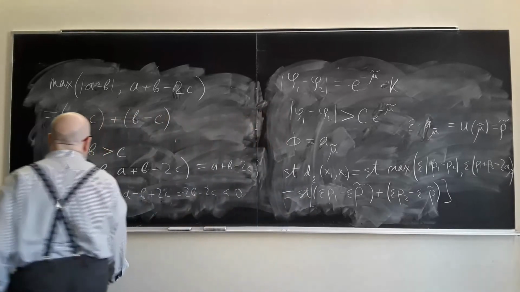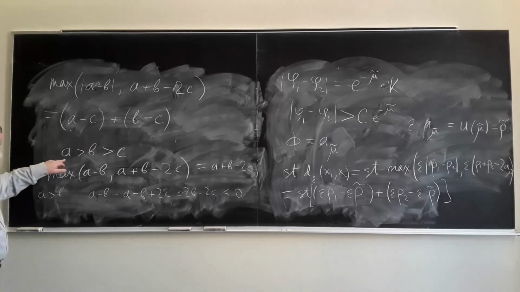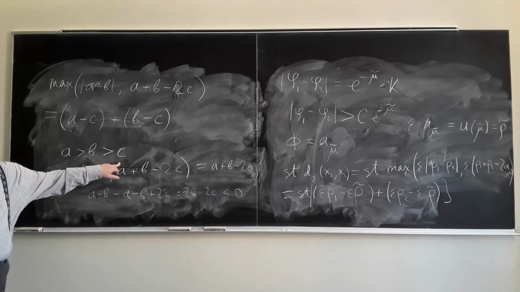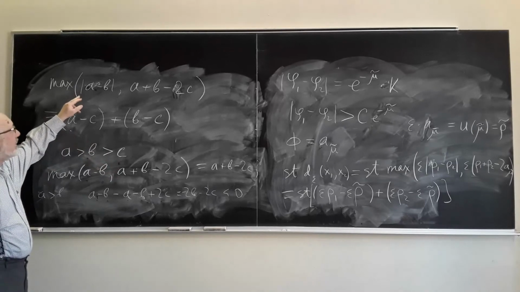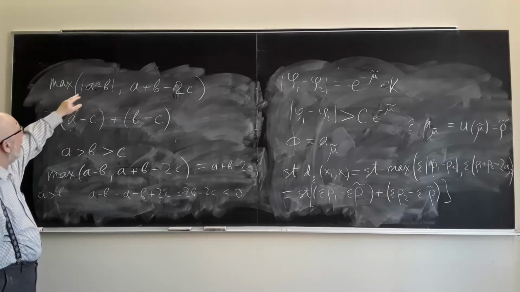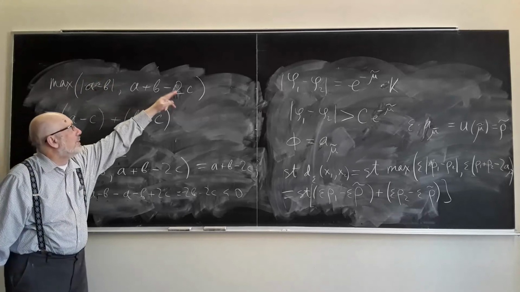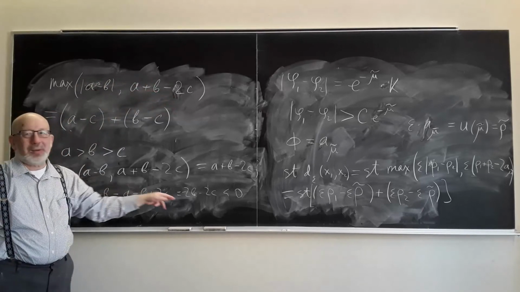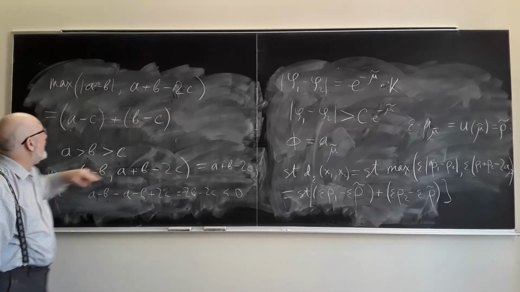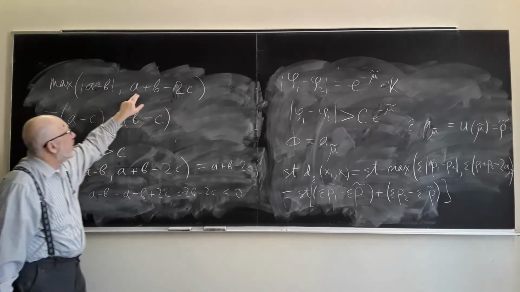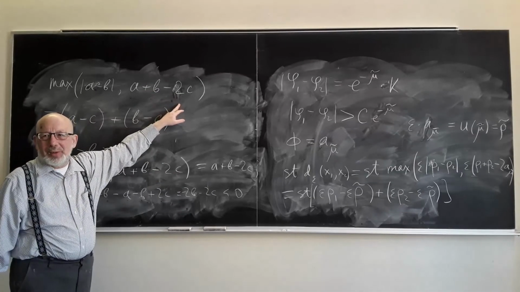Yes, here was a mistake. So if A is more than B more than C, then the difference between this and this is negative, so this term is more. So the maximum in this case is A plus B minus 2C.